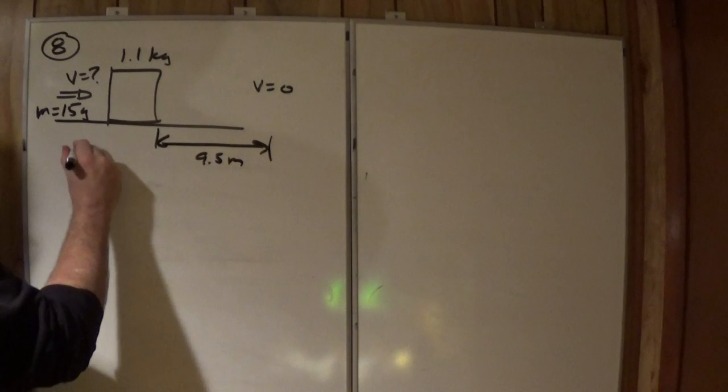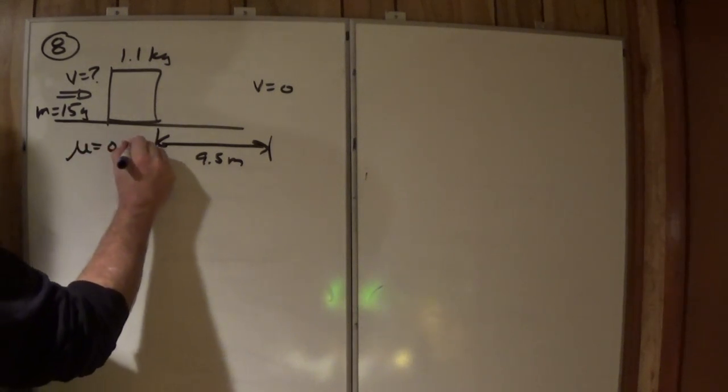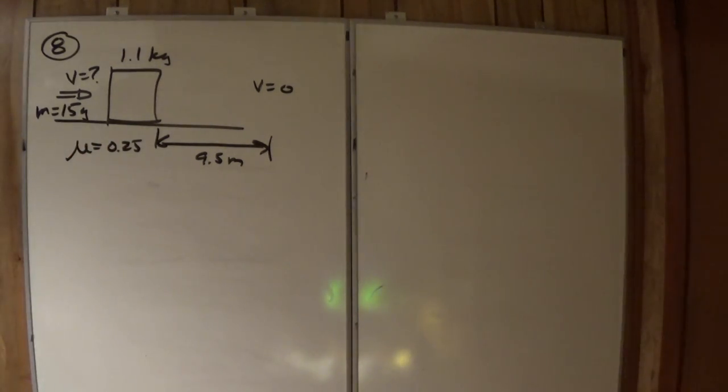And we know the coefficient of friction along the surface is 0.25. What they're asking us to find is the velocity that the bullet had before it hit the block.